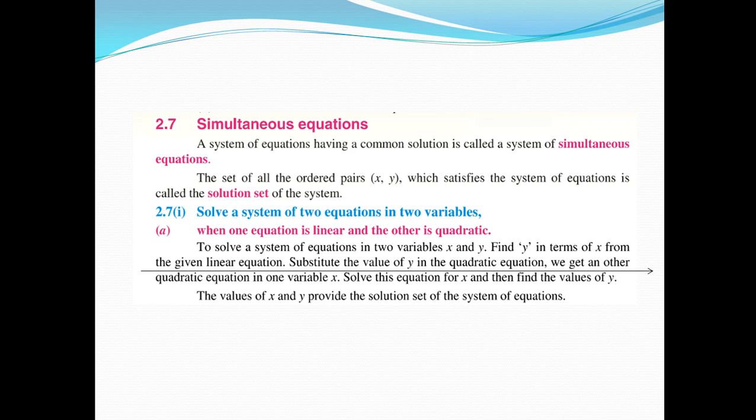Substitute the value of y in the quadratic equation, and we get a quadratic equation in one variable x. Solve the equation for x, then find the value of y. The values of x and y provide the solution set of the system of equations.